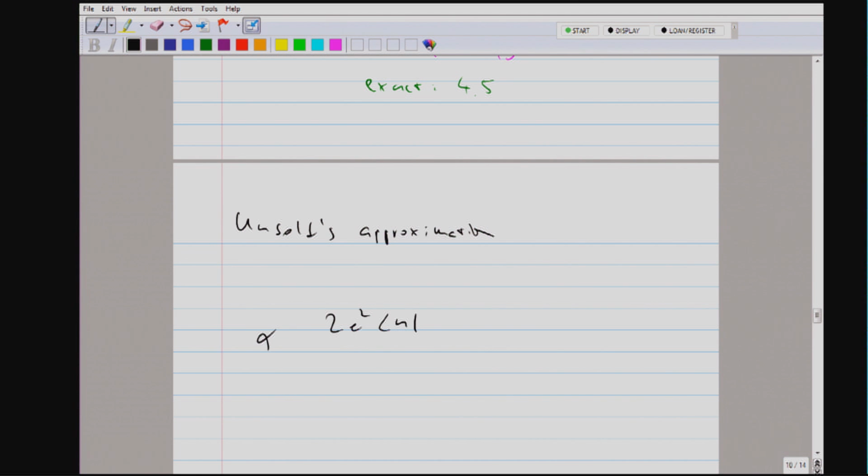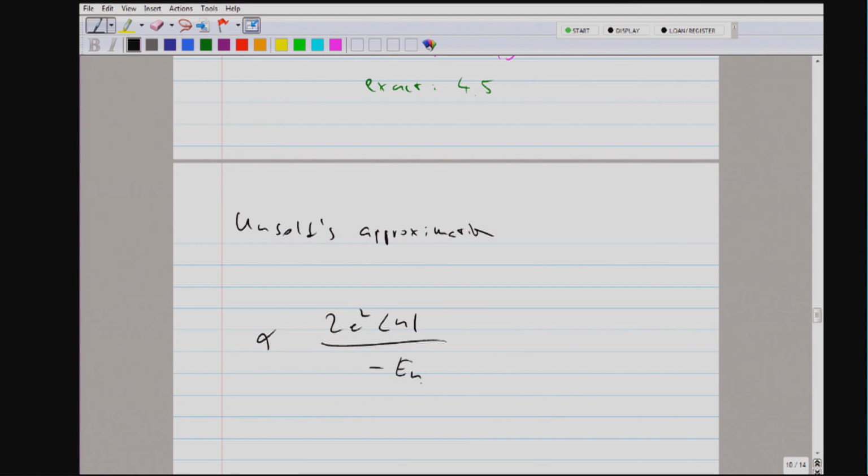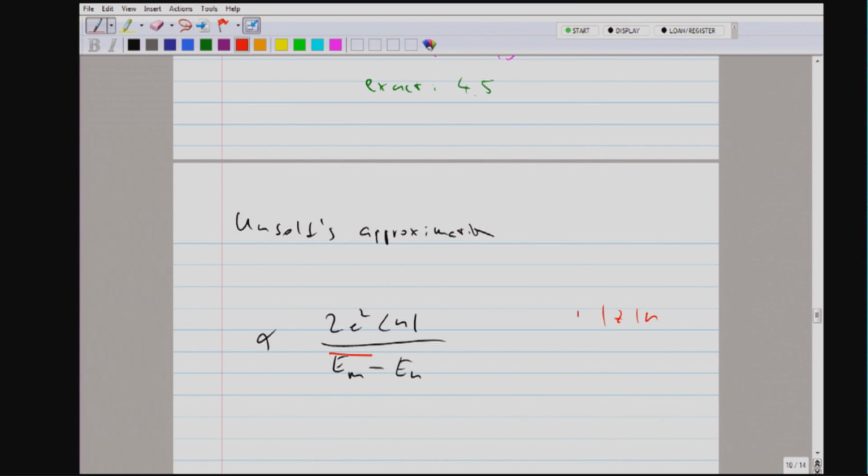But if we assume that all energy denominators can be taken out of the summation by assuming that we have some kind of average excitation energy, then the sum of n z m m z n, we sum over m and it just cancels out.